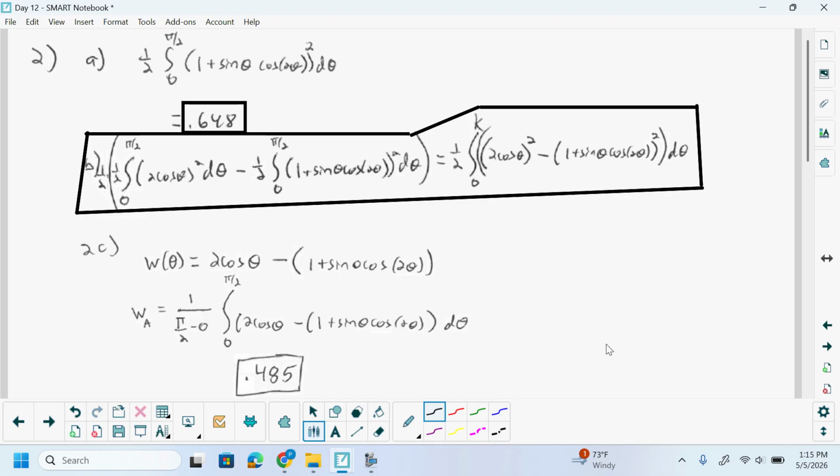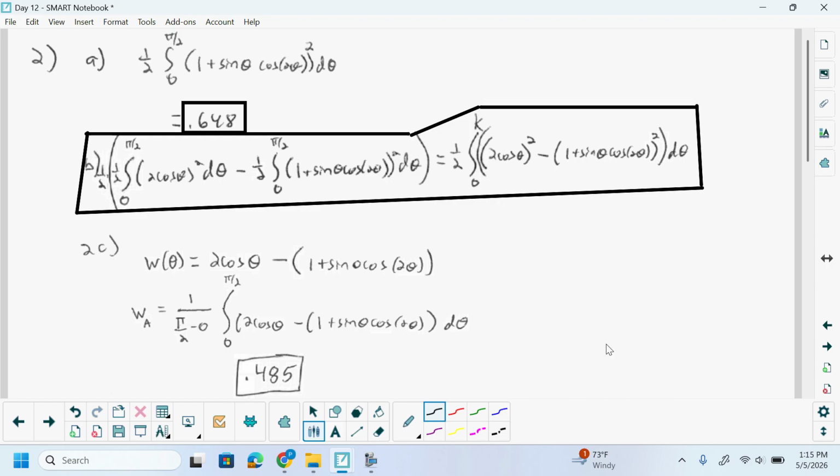There's a couple different ways you can set this up. What I did first is I did the whole area of S on the left-hand side and multiplied it by a half. So the area of S would be the polar area for g of theta, and then take away the polar area for f of theta.